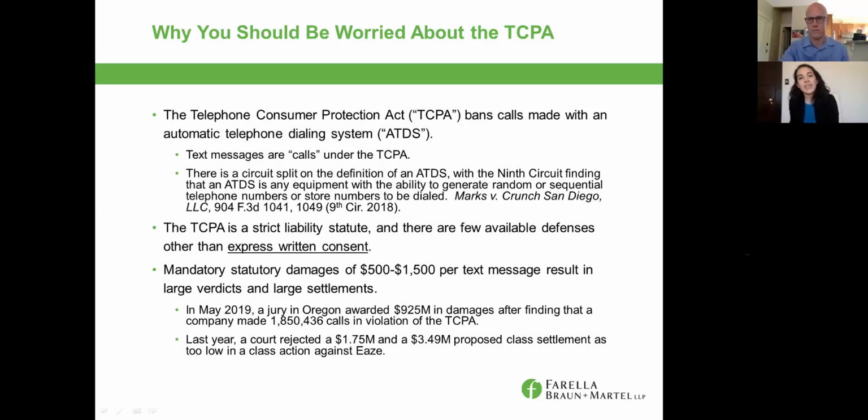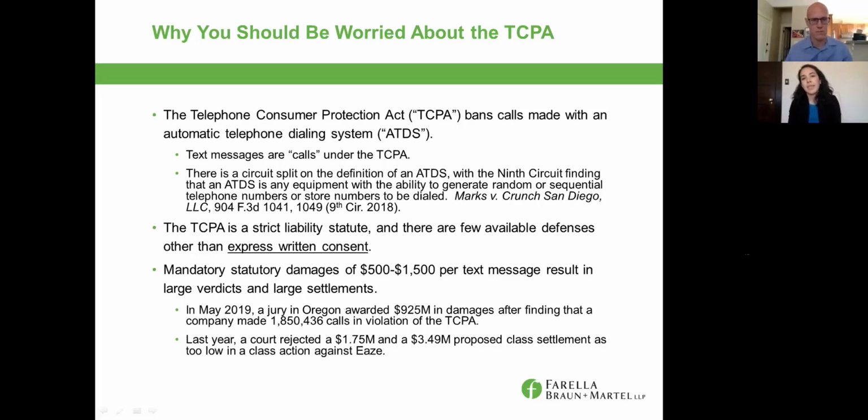So the Ninth Circuit has actually interpreted an ATDS as any equipment with the ability to generate random or sequential telephone numbers, or to store numbers that are to be dialed. So that means that any technology that stores numbers and then allows you to dial them, such as a smartphone, could be an ATDS in the Ninth Circuit.